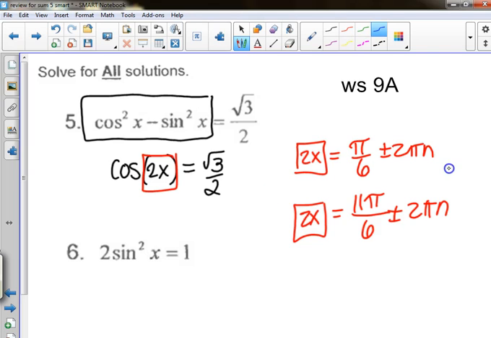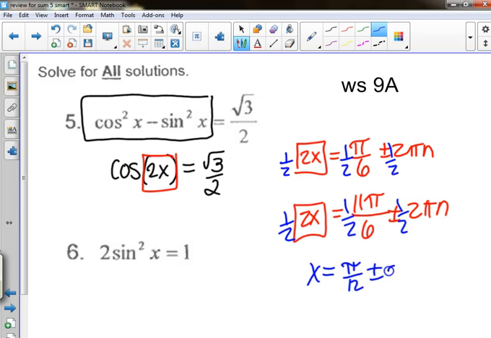We have to take half or divide by 2. So if I do half here, here, and here, what's my answer? X is pi over 12 plus or minus pi n. And over here would be 11 pi over 12 plus or minus pi.